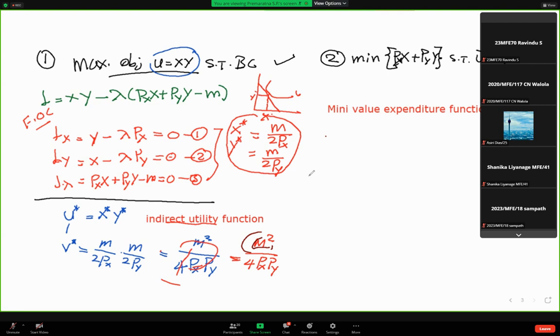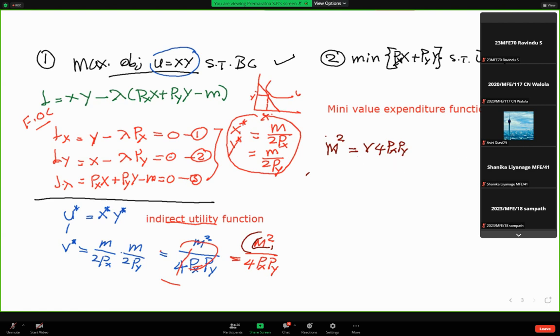Now in that transformation, what happened? We have V of m, px, py.